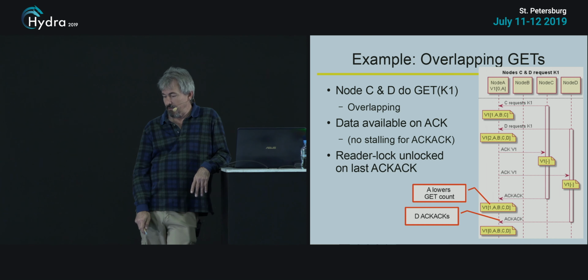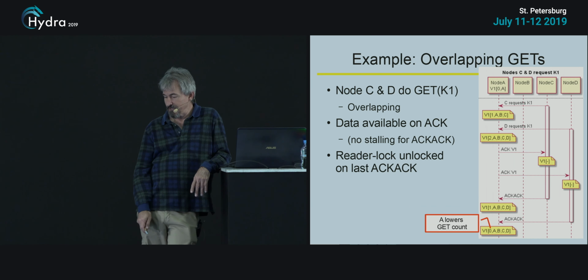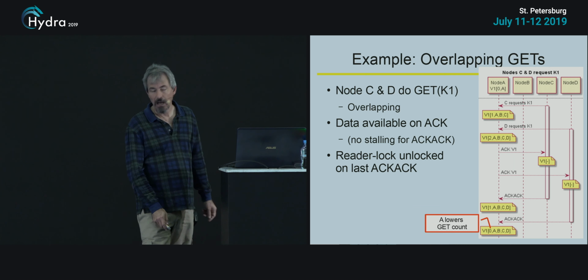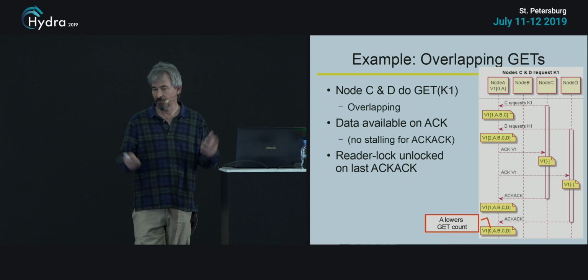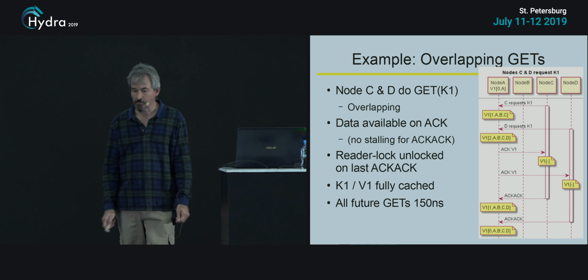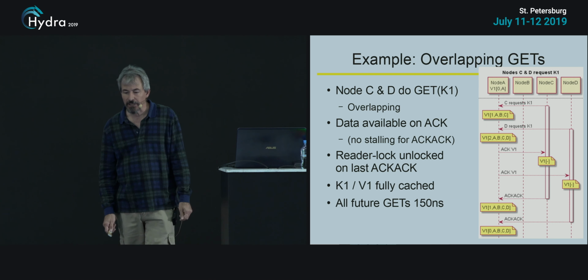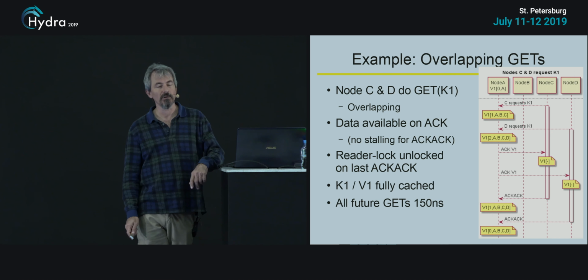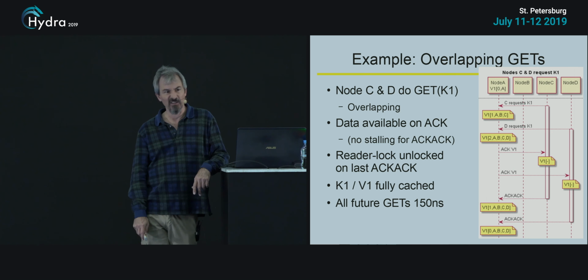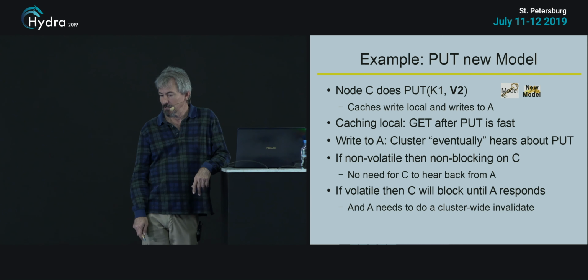D acks back. And eventually my count drops down to 0. And I have knowledge that everyone in the cluster has a cached copy of this key. And now that it's fully cached, everyone who does a get can just do a hash table get locally and hit in about 150 nanos to do a hash table lookup.